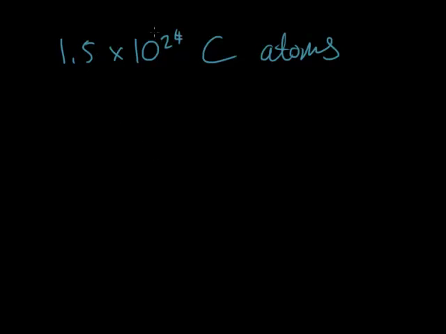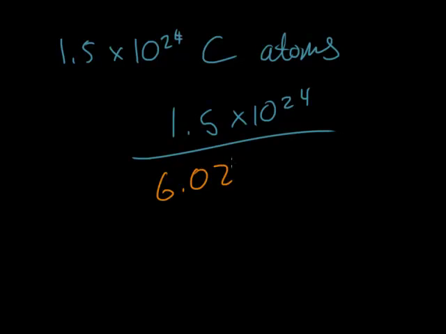So we put at the top the number of particles you have, 1.5 times 10 to the power of 24, and we divide this by the number of particles in the mole, which is 6.022 times 10 to the power of 23. We can represent it as 6.002, but I'm going to do it here to 3 decimal places for this question.